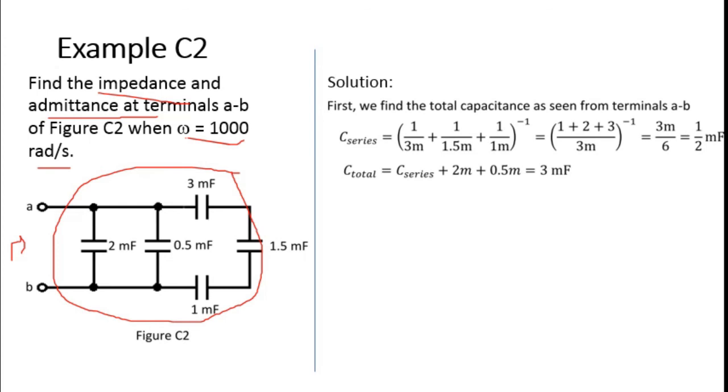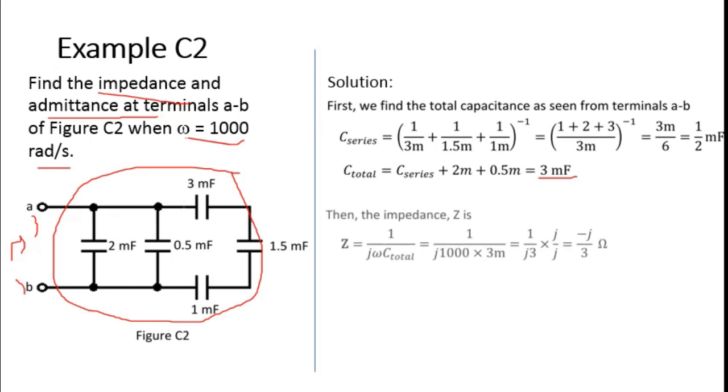From the series connection of 3 mF, 1.5 mF, and 1 mF capacitors, we get C series is 1/2 mF. Then, the total capacitance is the equivalent capacitance of 3 parallel capacitors, the 2 mF, 0.2 mF and C series. Hence, C total equals 3 mF.